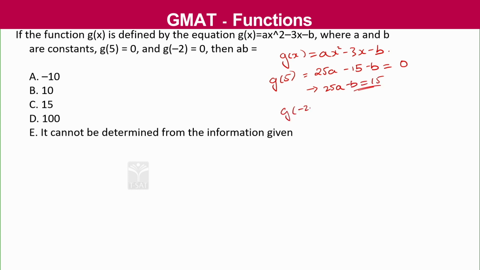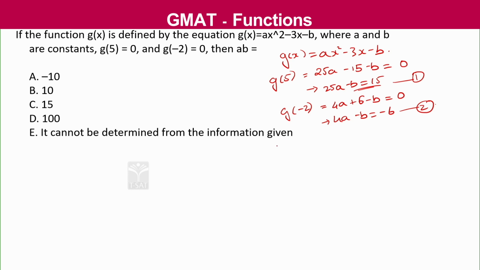Now g of minus 2. a into x square will be 4 times a, minus 3 into minus 2 will be plus 6, minus b is equal to 0. So we can write this as 4a minus b is equal to minus 6. Taking the first as equation number 1 and this as equation number 2, we need to calculate the values of a and b to find out ab.